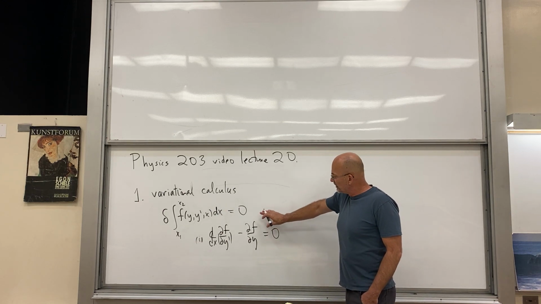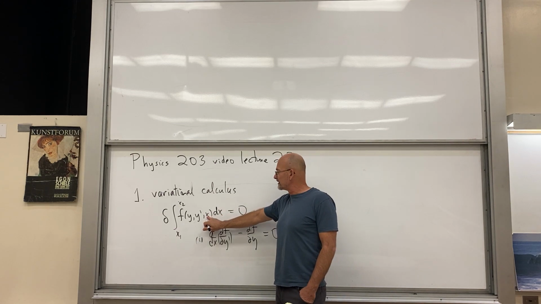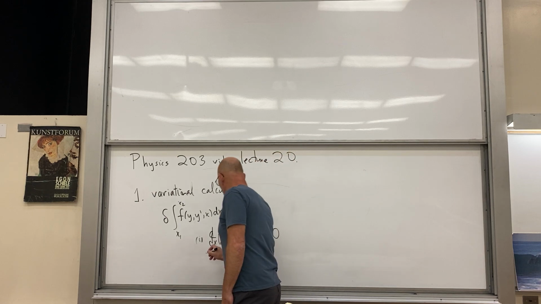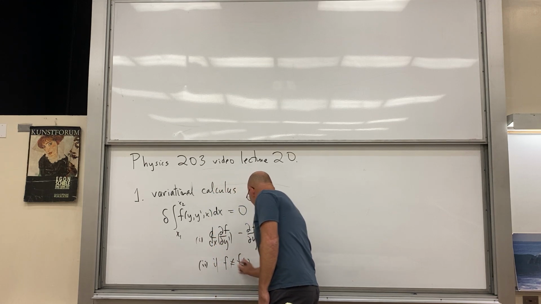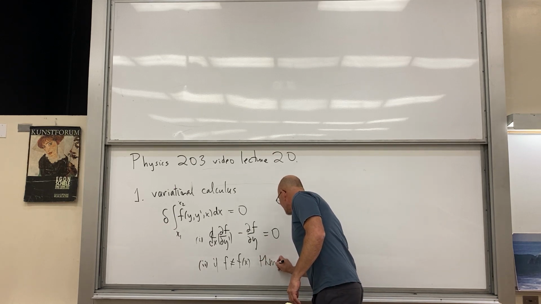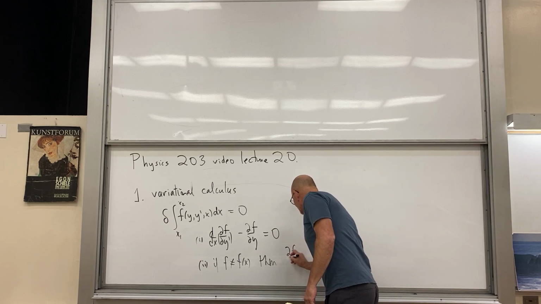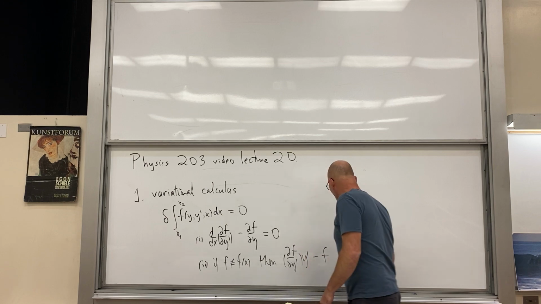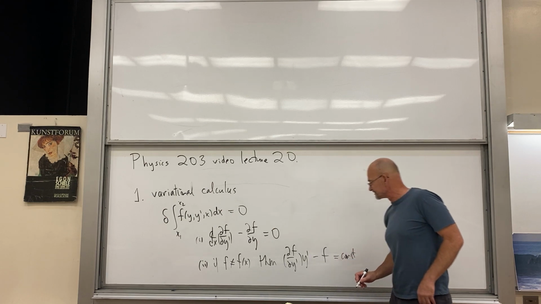And in addition, second point, if f is not explicitly a function of x, that's the way I always write that, then we have from Euler's second form, the partial of f with respect to y prime times y prime, minus f, is equal to some constant.